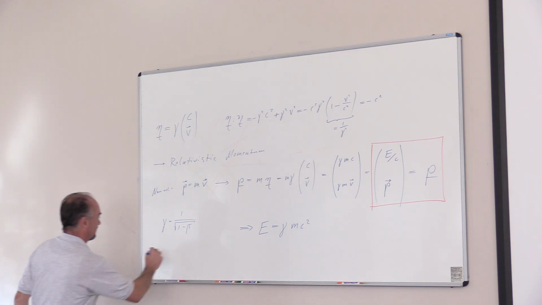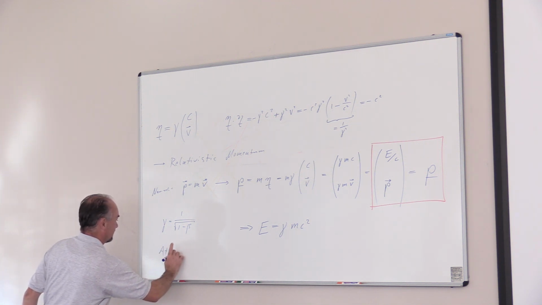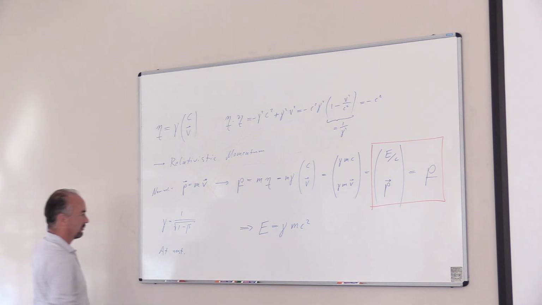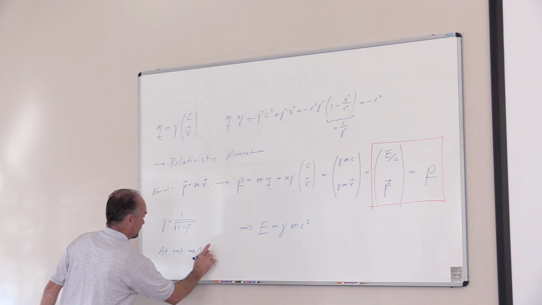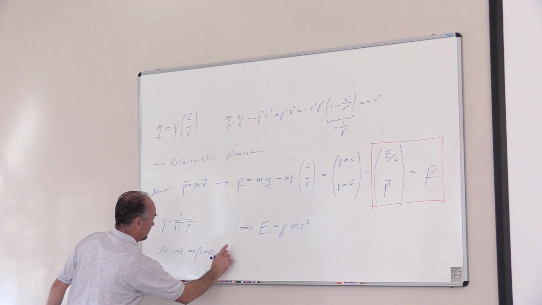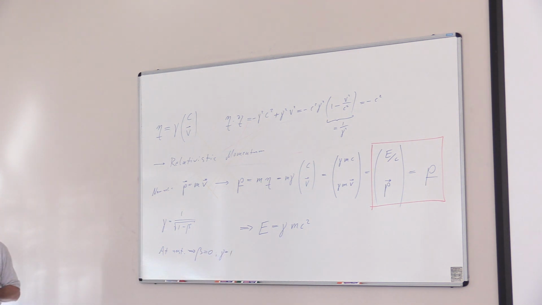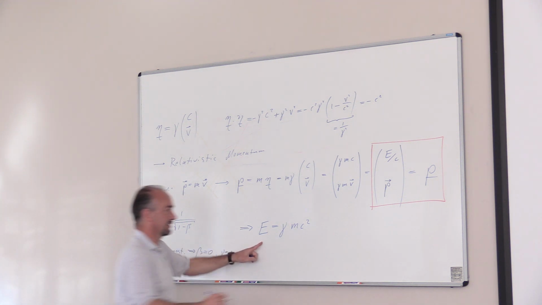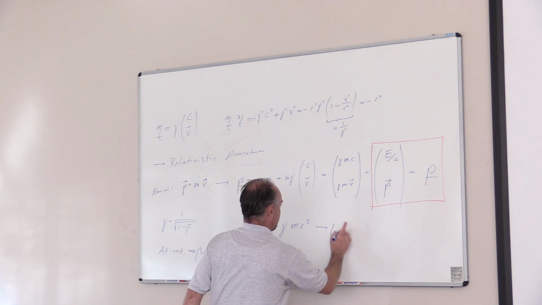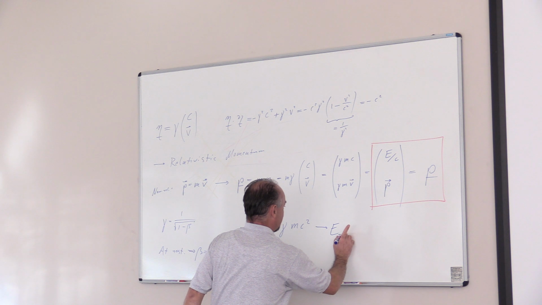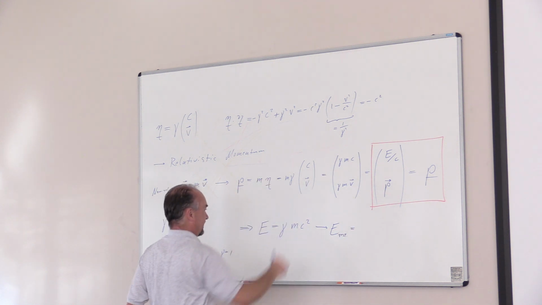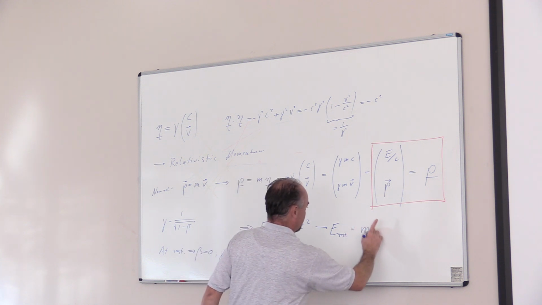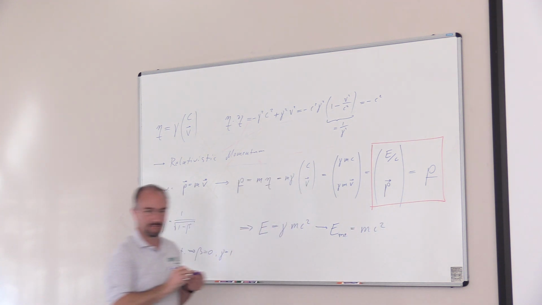So if we are at rest, so the particle is not moving at all, so beta equals 0, that means gamma is 1, right? So if the particle is at rest, it still has a relativistic energy that is mc squared.